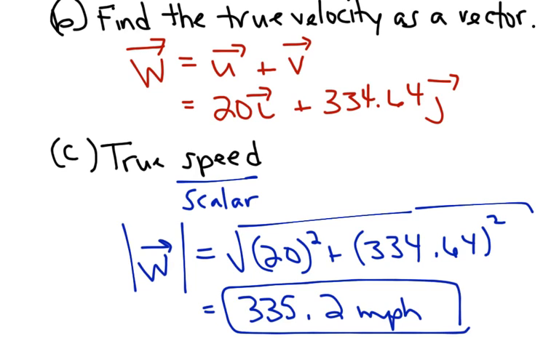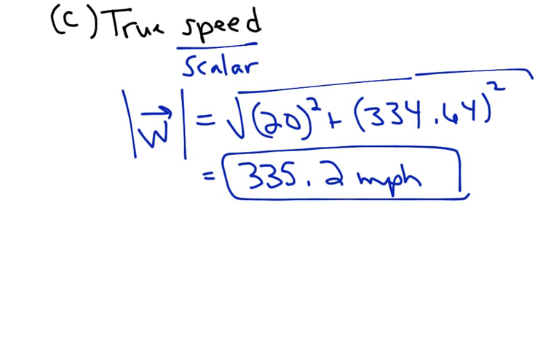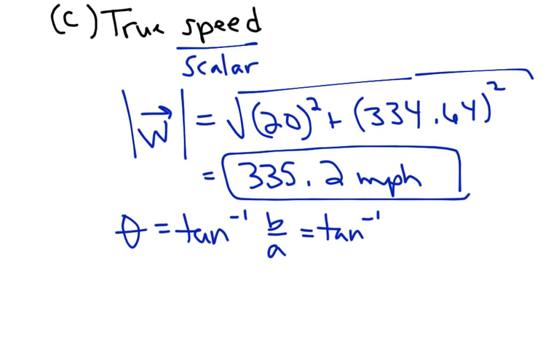What if I wanted to know its actual heading? Because in order for the plane to actually go north, it would have to travel at an angle. Well, we have a way of determining that angle. We do the inverse cosine of b over a. That means I'm going to take the inverse cosine of 334.64 over 20.